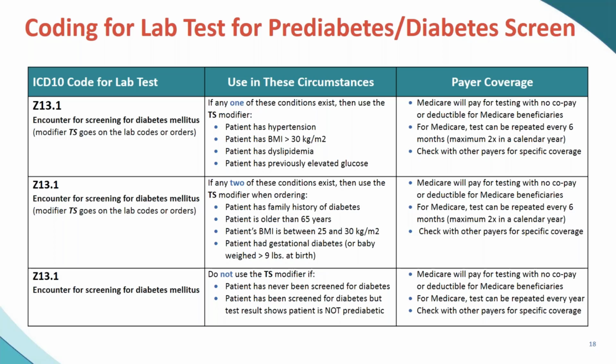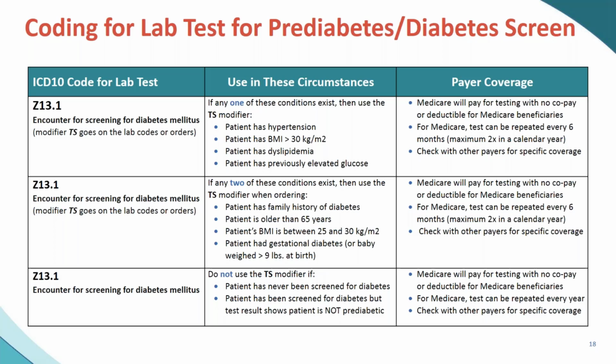So in this middle section, you are also going to use the TS modifier, but in those cases where 2 of the conditions show up. So there's a family history, the patient is over 65, BMI is at least 25 but up to 30, and the patient had gestational diabetes. If any 2 of those show up, you also would code that as a TS modifier when you order the lab test.